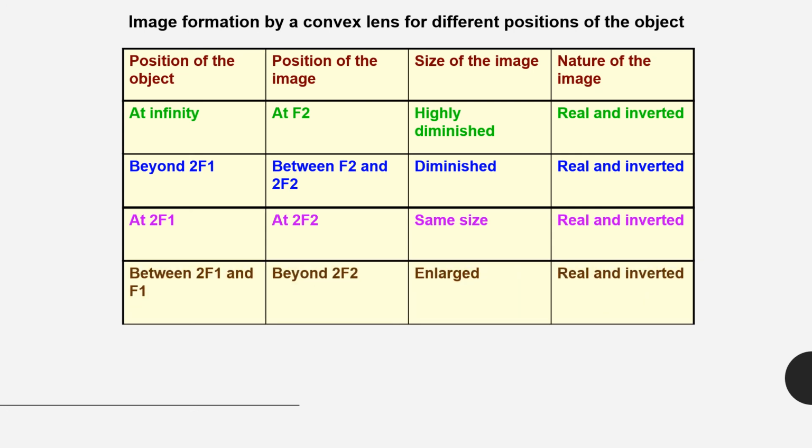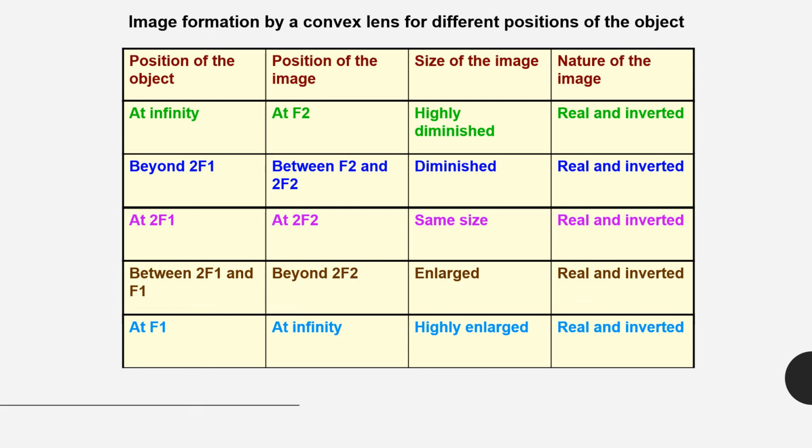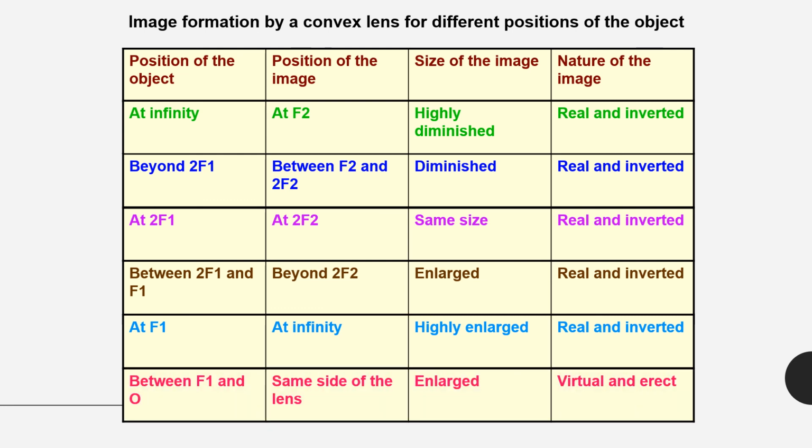Between 2f1 and f1, the image is beyond 2f2, enlarged, real and inverted. When the object is at f1, the image is at infinity, highly enlarged, real and inverted. When the object is between f1 and optical center, the image is formed on the same side of the lens, enlarged, virtual and direct. So with this, we end today's session.